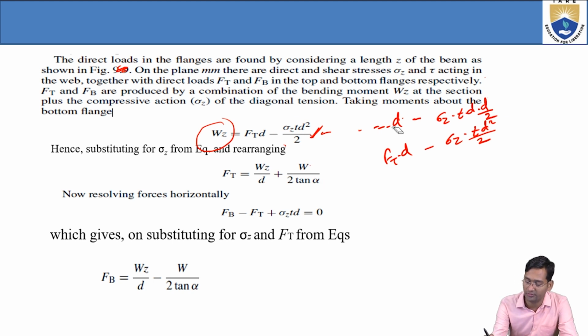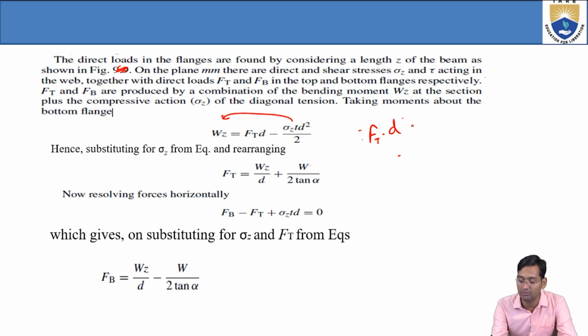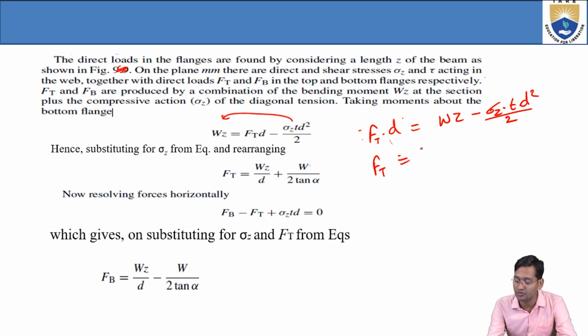Taking this to this side, Ft into d equals Wz minus sigma z into t into d square by 2, and this is divided by d. So Ft equals Wz by d minus sigma z into t into d square by 2 into d, where d cancels.